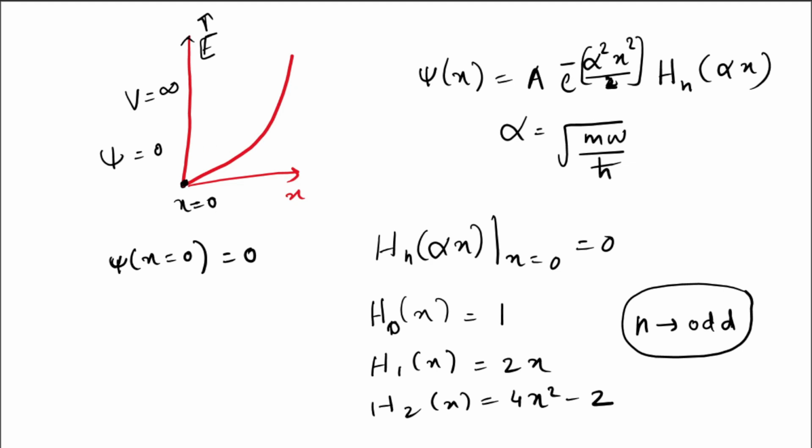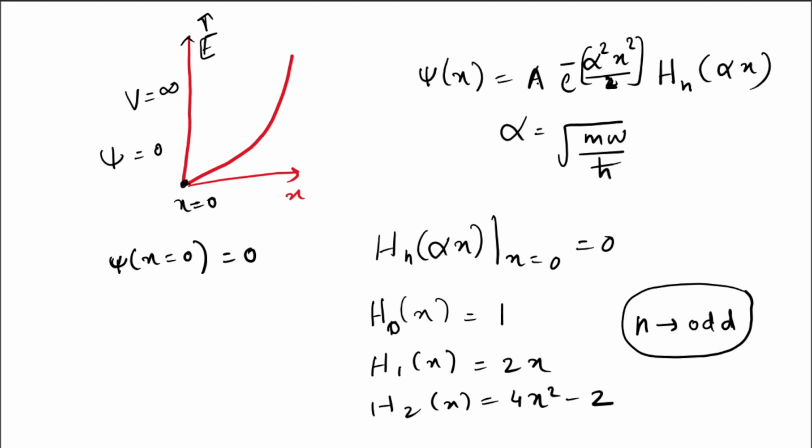So simply, if the potential at one side is made infinite, it means the wave function of the harmonic oscillator in that area is equal to 0. Because when the potential is infinite, the particle cannot go there, so it cannot be seen there. As the wave function is continuous, and at the left side the wave function is 0, at the point x equal to 0 the wave function should be 0.